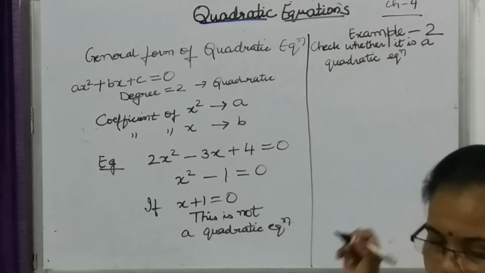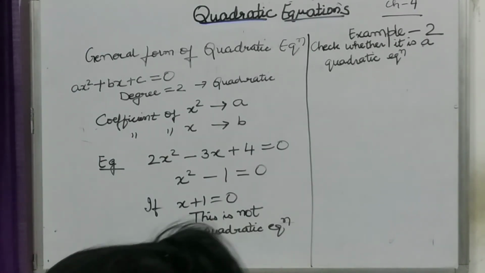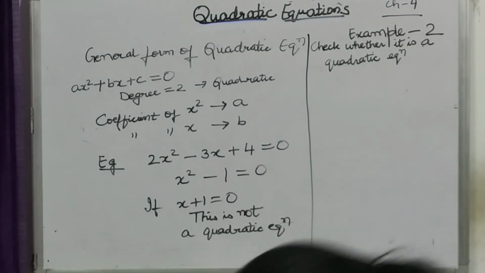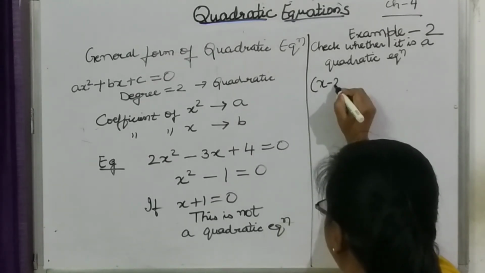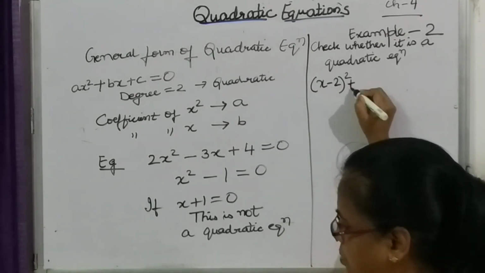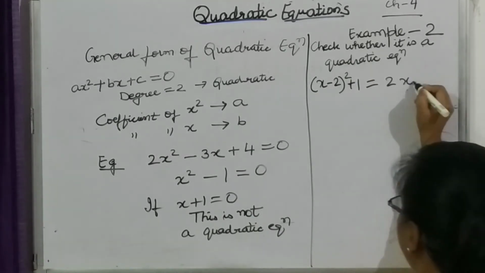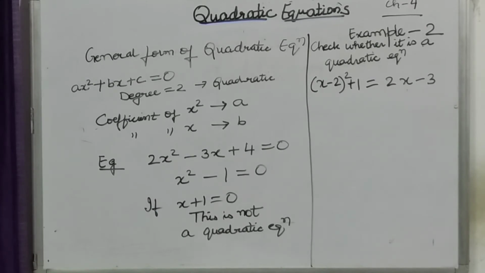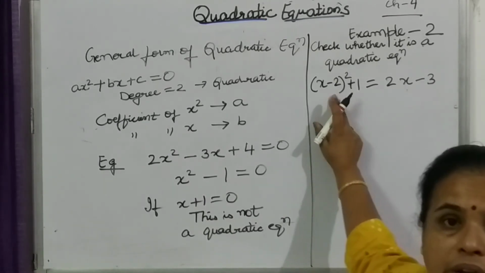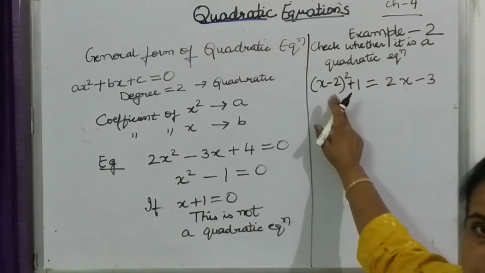I have the equation x minus 2 whole square plus 1 is equal to 2x minus 3. Now if I have this equation and I want to judge whether this is a quadratic equation or not, I'm going to open it using your algebraic identities.